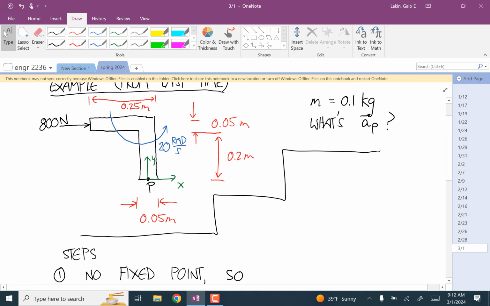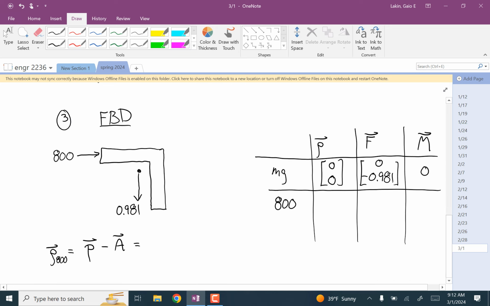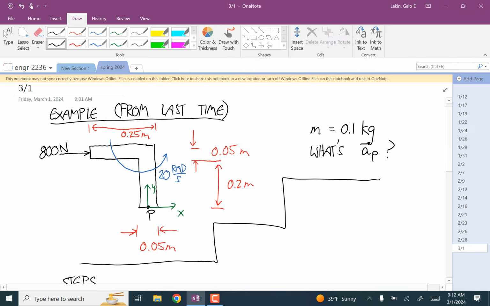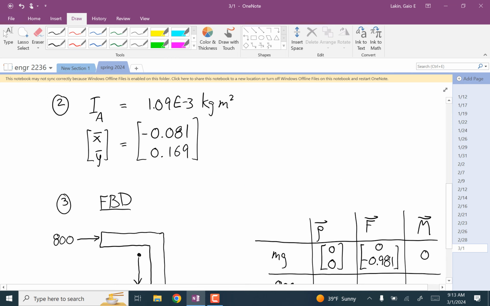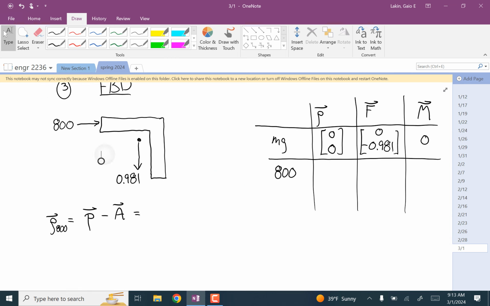I think that's probably the easiest way to do this. So in this coordinate system, we have to come up with the coordinates of this point here. Let's see. So that would be up 0.2, up another 0.025. So the y component is going to be 0.225.